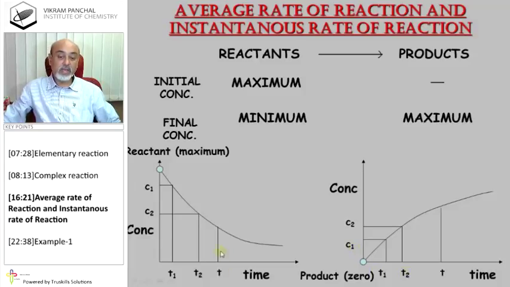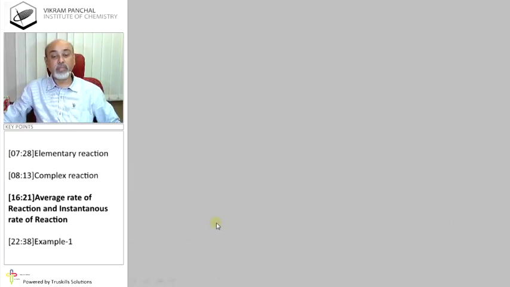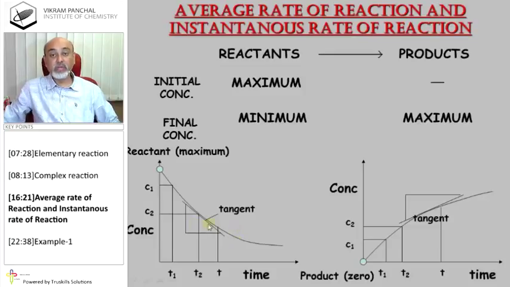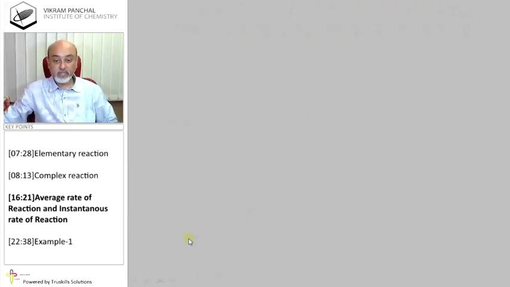Then T can be any time at which you want to find out the rate of reaction. Suppose you want to find out the rate of reaction at time T2, then select the point where T2 will intersect the curve, draw a tangent over there, and then you can draw a slope and find out the slope. So from the slope we can find out the instantaneous rate of reaction.